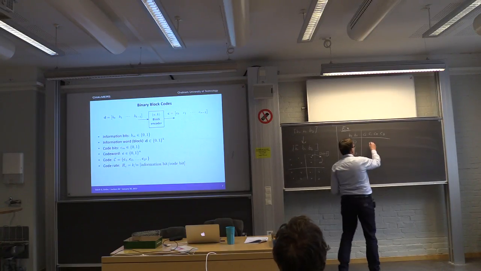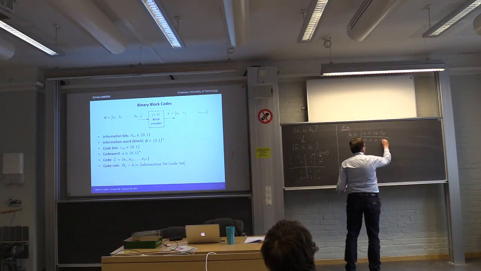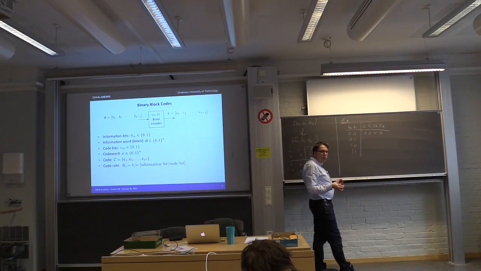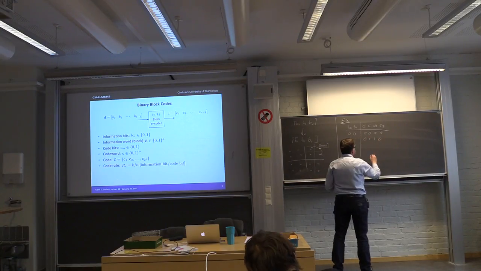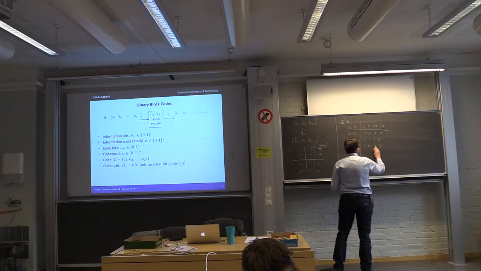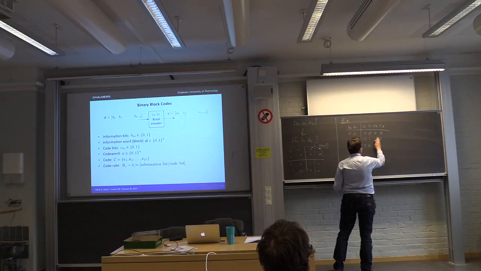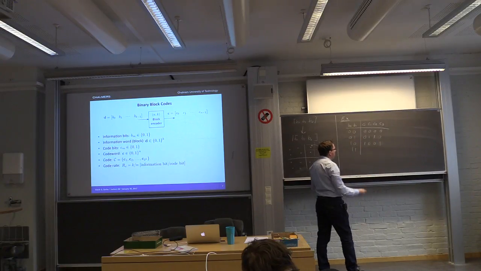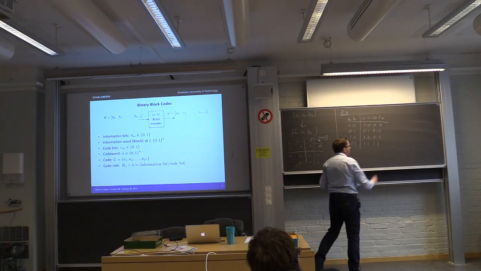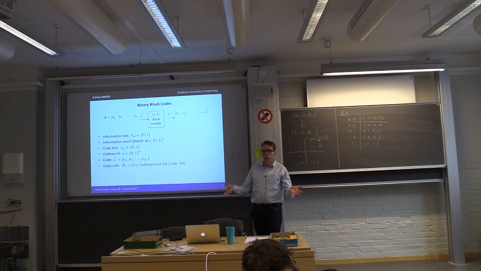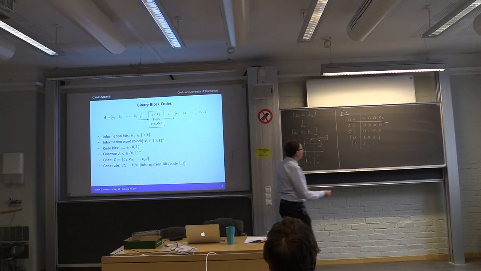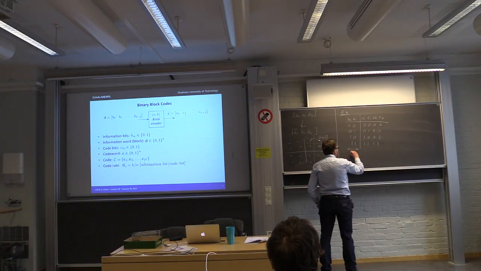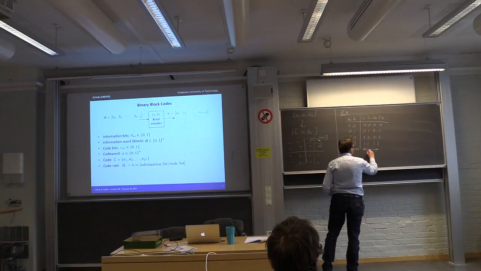Let's just say that 00 maps to 0000, 01 to 0110, 10 to 1001, and then we have 11 to 1111, say. So that's a possible block encoder. The number of input bits is k, and the number of output bits is n.